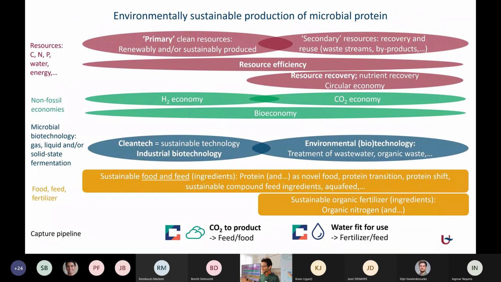So we're at an interdisciplinary domain with this microbial protein, and actually we're at the edge between the primary clean resources and the secondary resources, and often we'll be overlapping. This of course links not only to the hydrogen economy, the CO2 economy, the bioeconomy, but we fit in all kinds of sustainable trends and product developments between clean tech and environmental biotech.